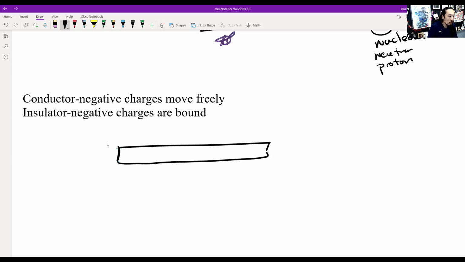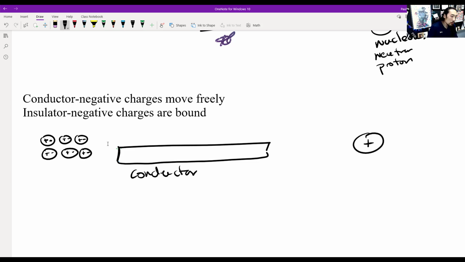We have a metal rod here, and we bring a large positive source close by. Because this metal rod is a conductor, normally the atoms have a positive and a negative charge bound to it, just like this. But within a conductor, the electrons can move freely. If we were to zoom in on this metal rod, it would look something like this.